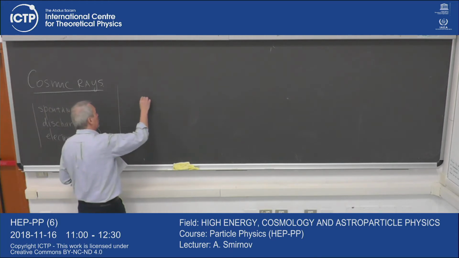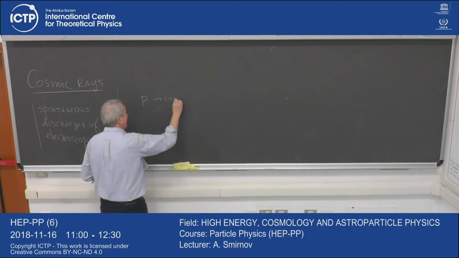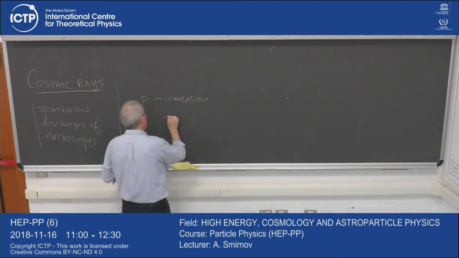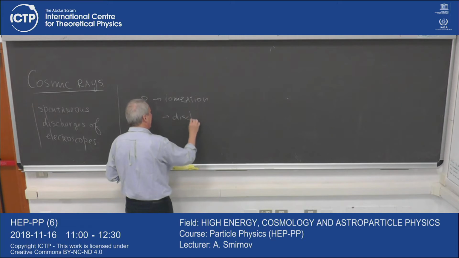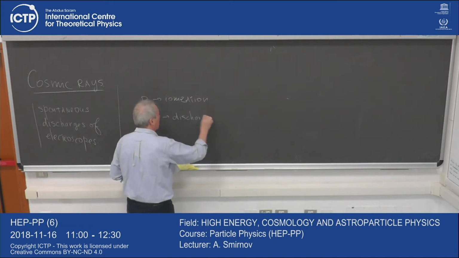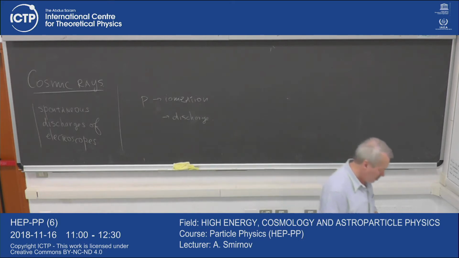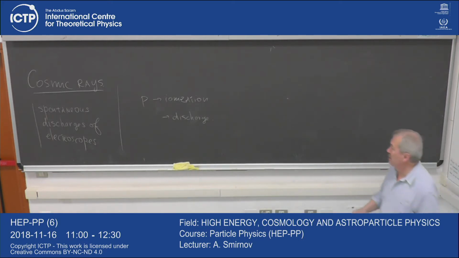So let me put it in this way. Particle, ionization, which then leads to discharge. So you will have the appearance of free ions, and then they are moving and producing the charges. So, the origin of the particles.